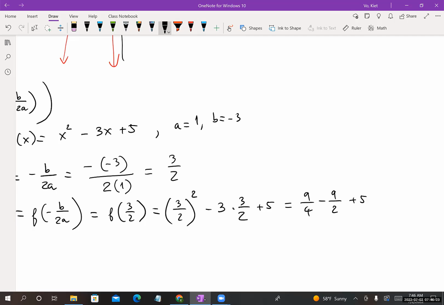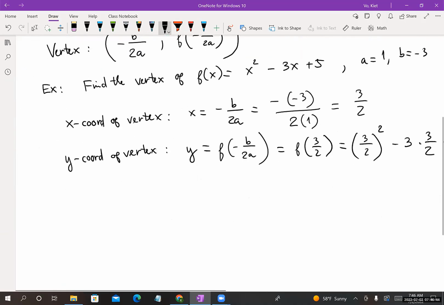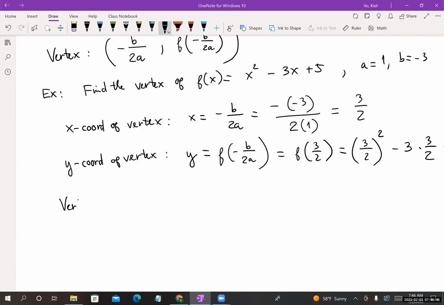And then the 5, with a common denominator of 4, would turn into 20 over 4. So negative 9 plus 20 gives me 11 over 4. Okay, so then the vertex would be 3 over 2, 11 over 4.